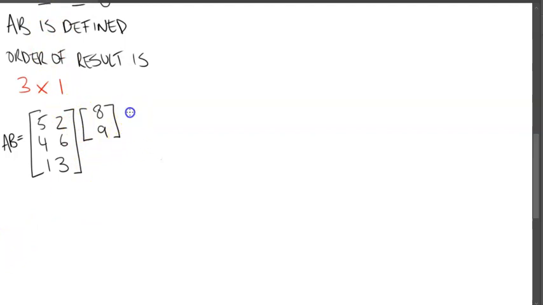So AB, this is going to equal 5 by 8, and 2 by 9, and this is going to be added together.